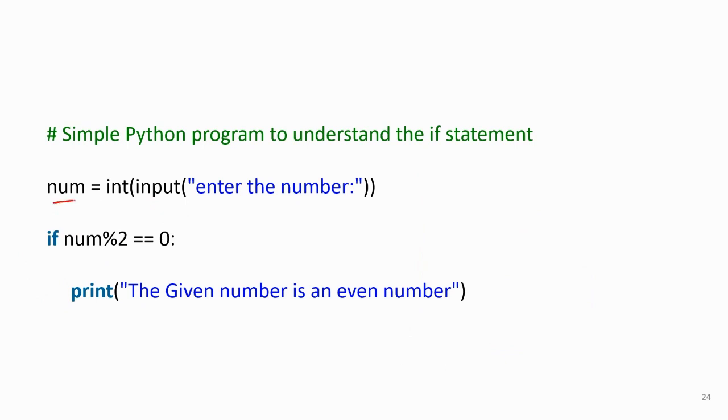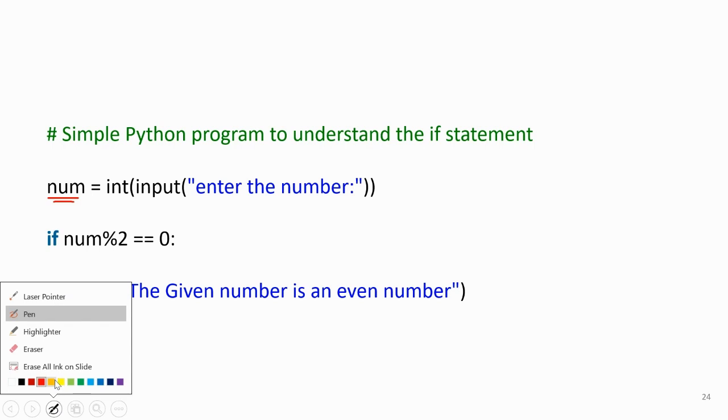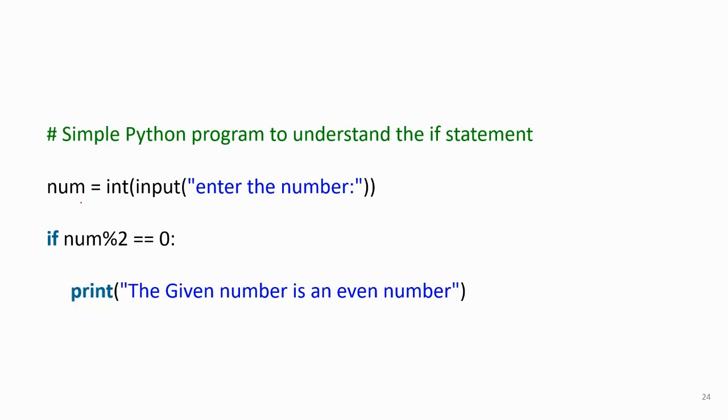We have defined the variable num. You can use variable a also, or b also, no issue. I am using num, a single character or a number of characters, both are variables. To this num, I am taking an input integer, because as I told earlier, we have used int here, so all the values will be converted into corresponding integers.